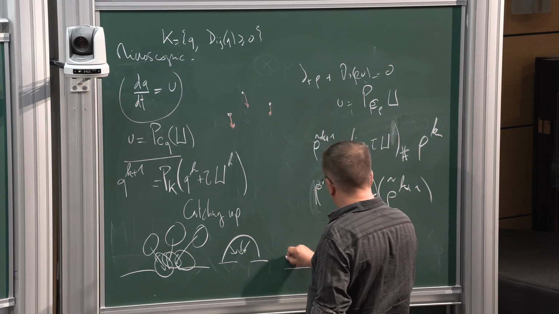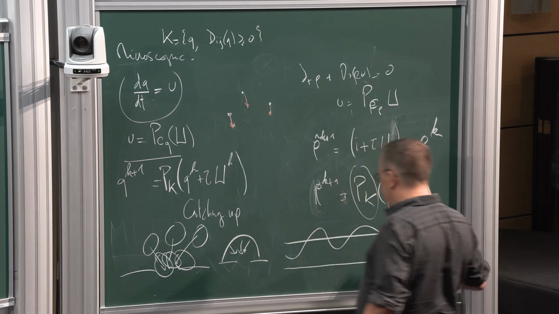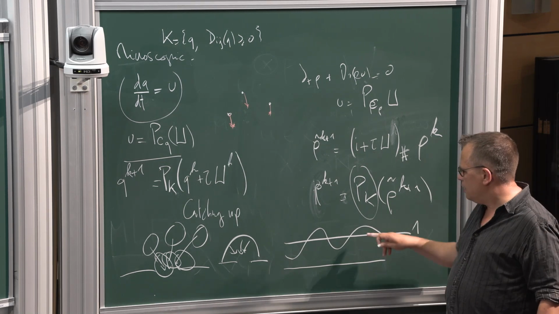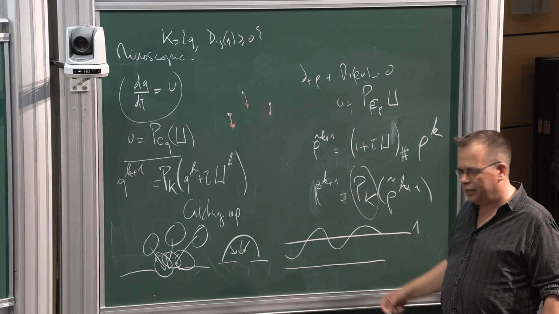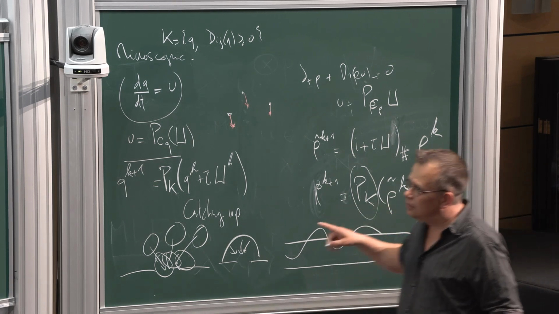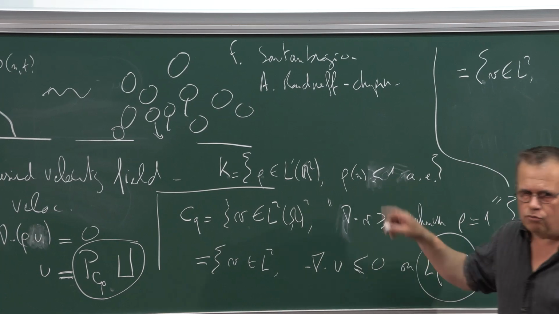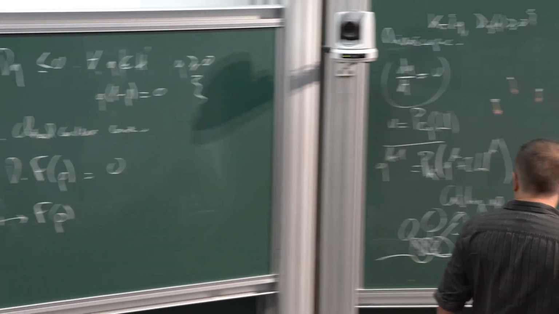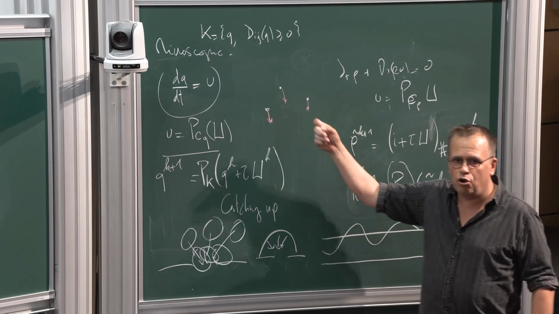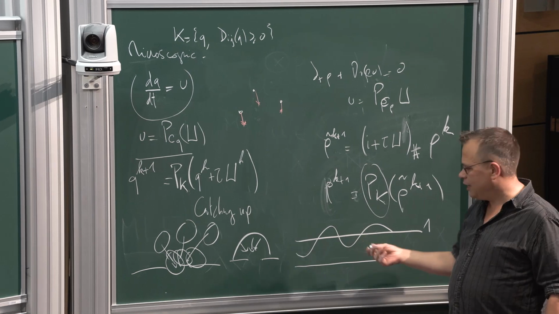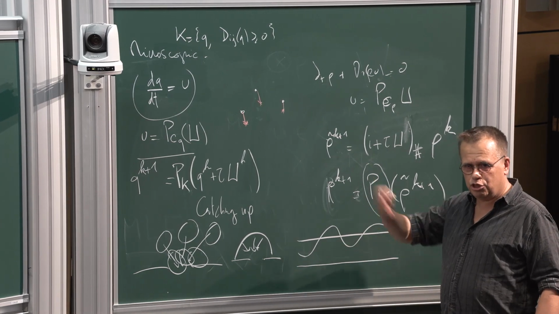Here, if you are naive, consider for example in 1D a density that violates the constraints. So this is a density, this is 1. This is like some kind of rho tilde, it violates. I want to project it onto K, the set of densities that do not violate the constraint, that are below 1. This sounds like an L2 norm, so why not use an L2 norm here? I guess you know that when you L2 project a function, you just cut off.